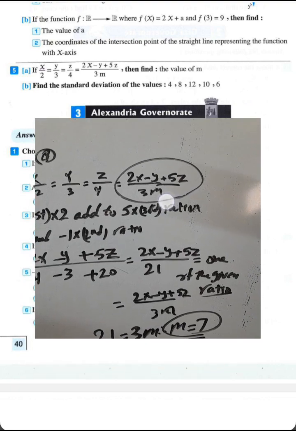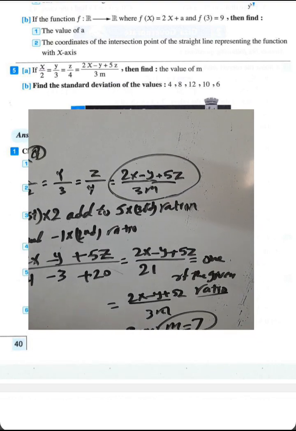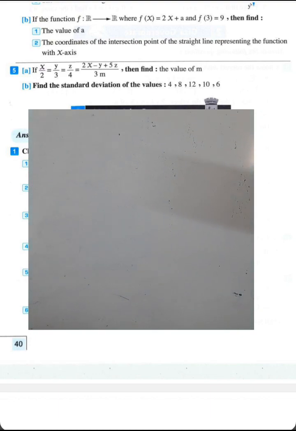Find the standard deviation of the values here. Question number 2. We can find the standard deviation here.